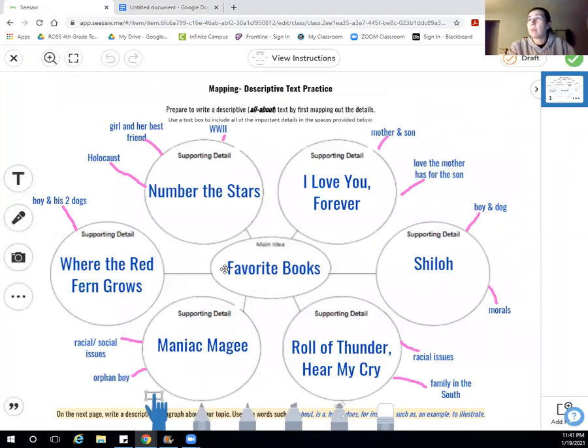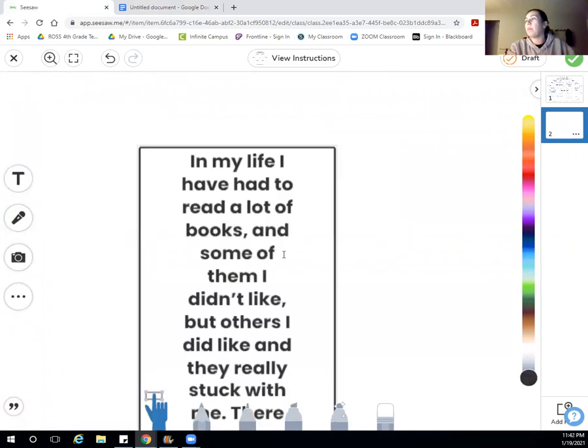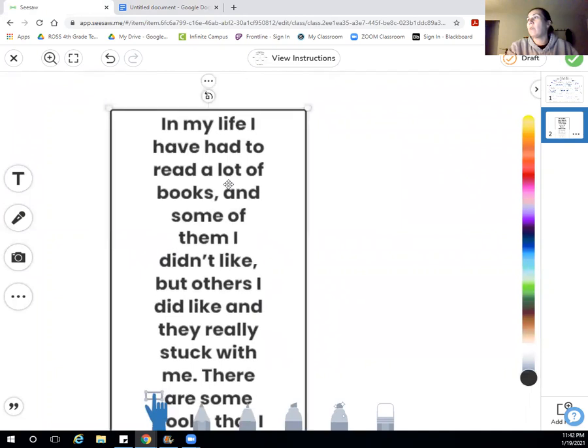I'm going to go back to my Seesaw from previous brainstorming. You guys did pets. And I'm going to add a page, which is down here. And when I add my page, first I'm going to try to paste it. See what happened. Oh, look, I did paste it. And so I'm going to pull that up, and you guys know I do not love this formatting.